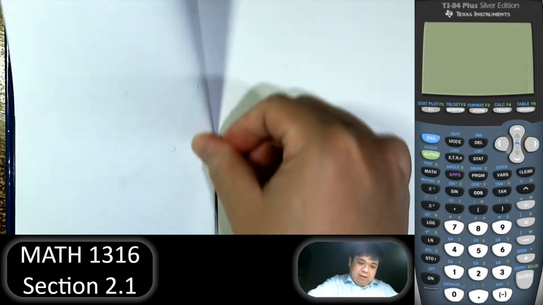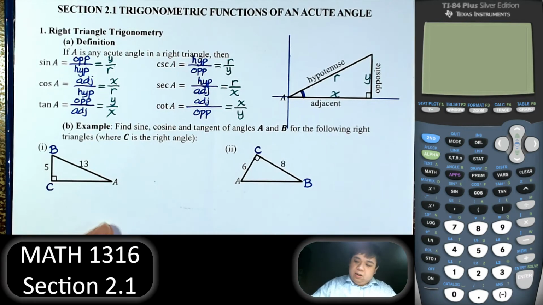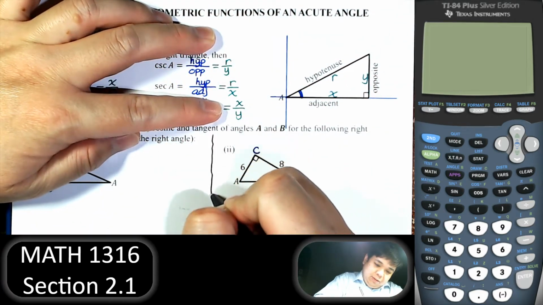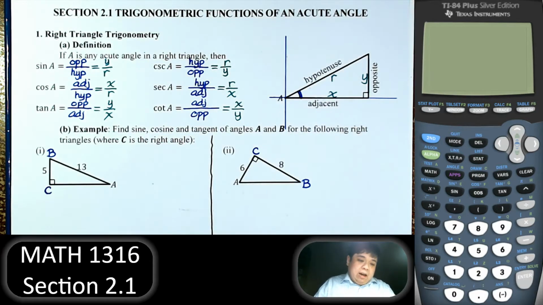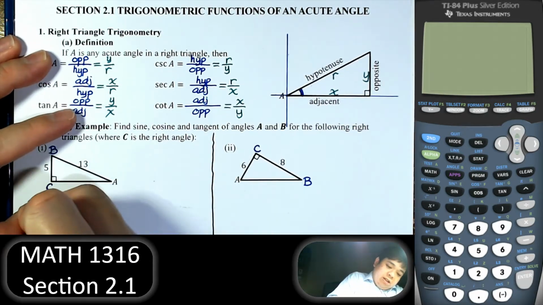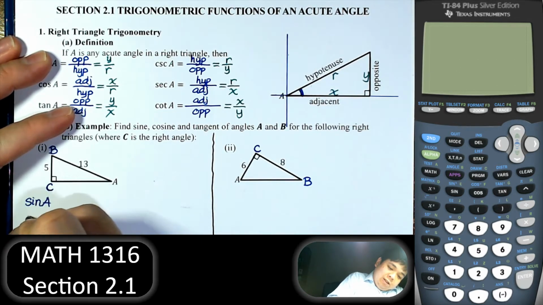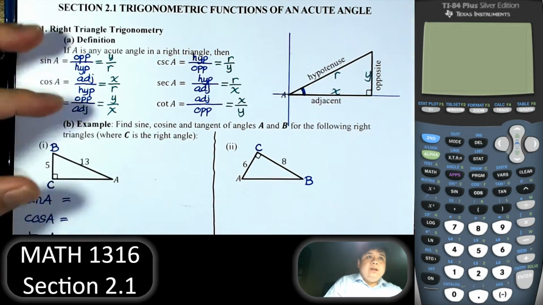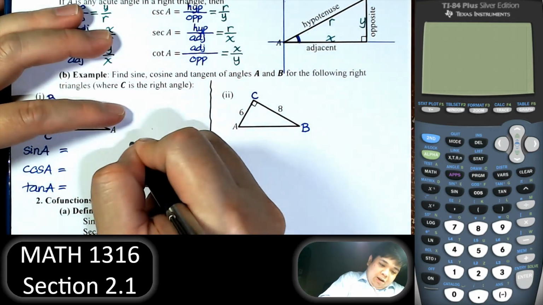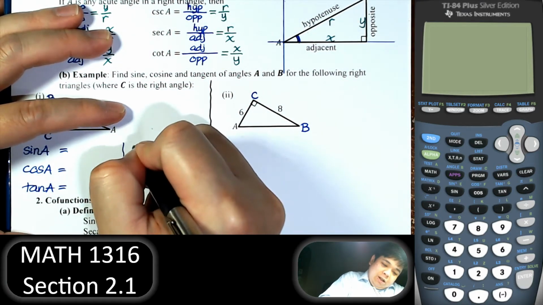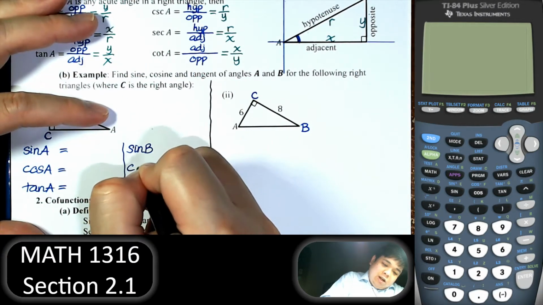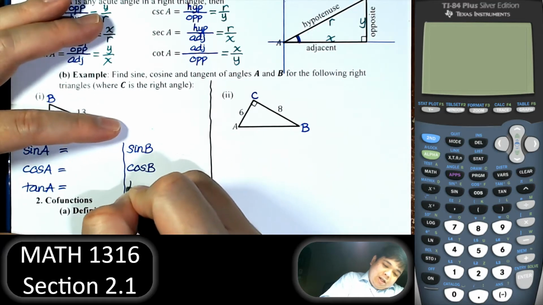Fold the page in half. Let's do sine, cosine, and tangent of A first, and then on the other side, sine of B, cosine of B, tangent of B.